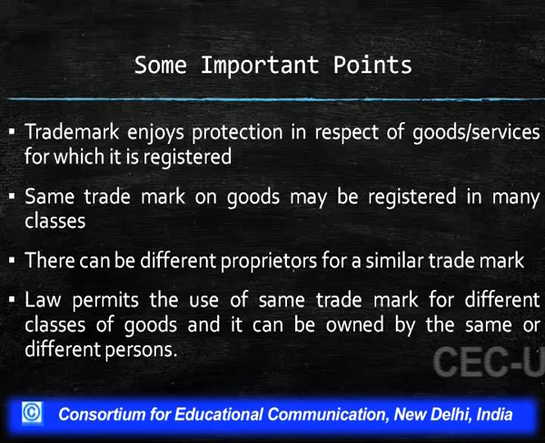As I told you in the second important point, the same trademark can be owned on different goods or on different classes of goods, as and when the person feels like getting the trademark registered in a different class.